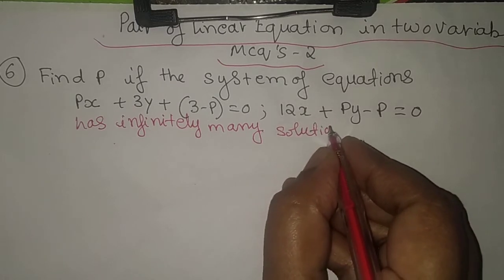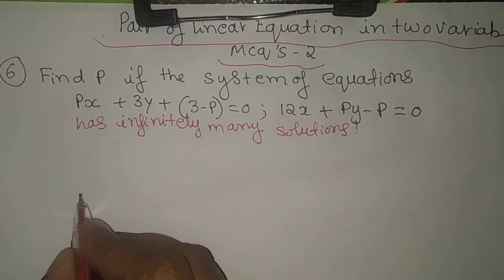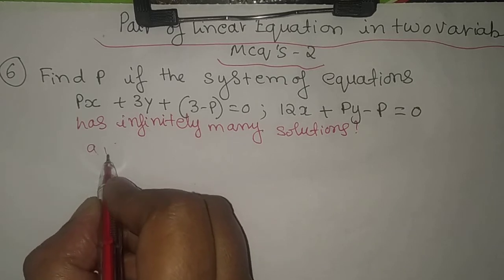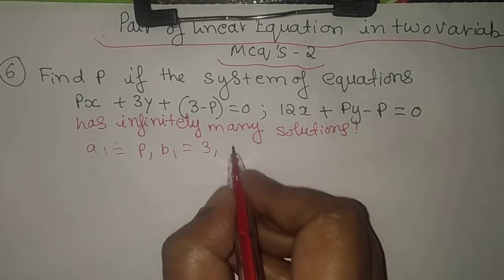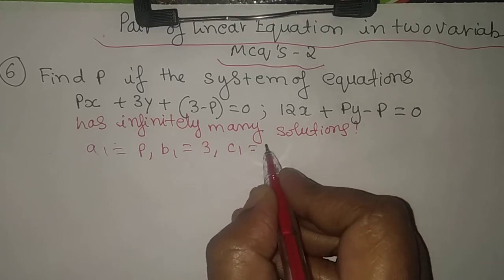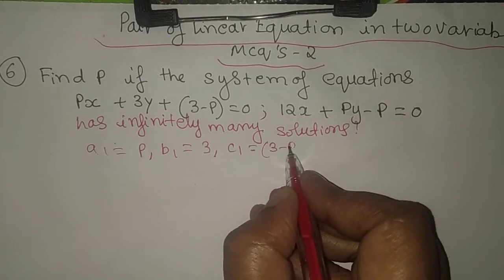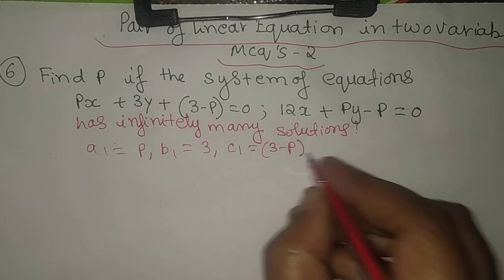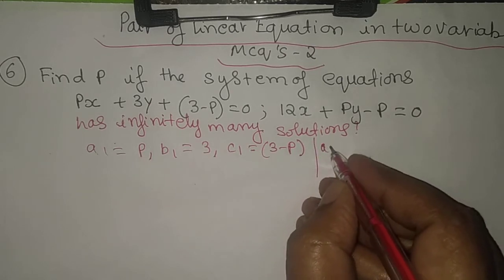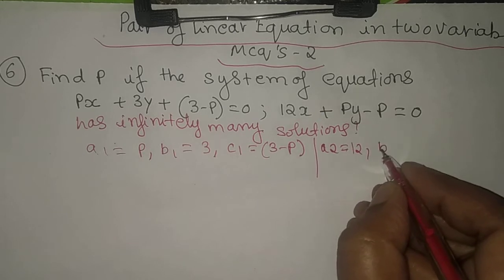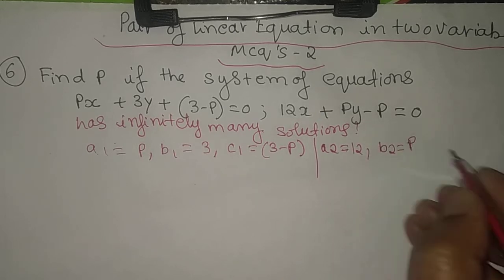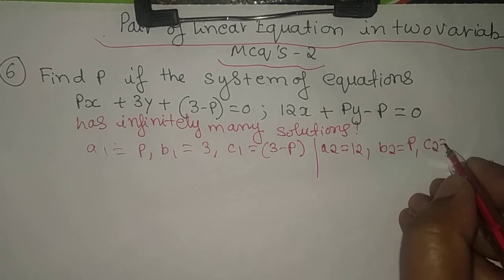For this one, what we have to do: A1 is equal to P, B1 is equal to 3, C1 is equal to 3 - P. Next, A2 is equal to 12, B2 is equal to 9, then C2 is equal to -P.